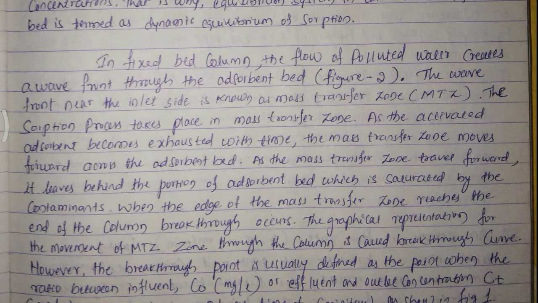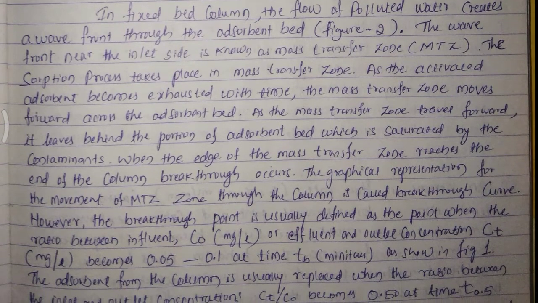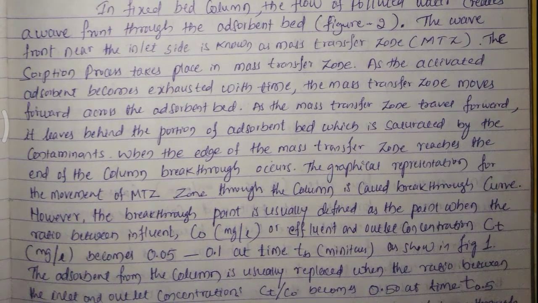As it travels forward, it leaves behind the portion of the adsorbent bed which is saturated by the contaminants. When the edge of the mass transfer zone reaches the end of the column, breakthrough occurs. The graphical representation for the movement of the mass transfer zone through the column is called the breakthrough curve.